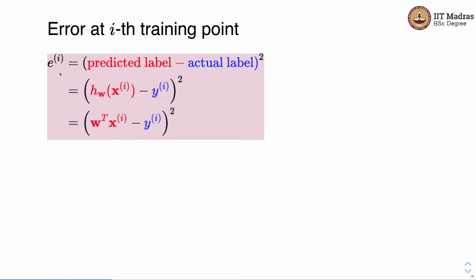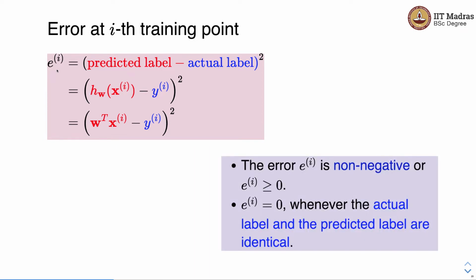So that is the error at ith training point. Since we square up the difference, the error is a non-negative quantity, or in other words, the error is always greater than or equal to 0. The error is equal to 0 whenever predicted label and actual label are identical. So when that happens, the error is equal to 0.